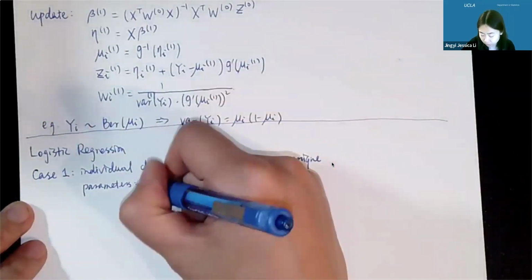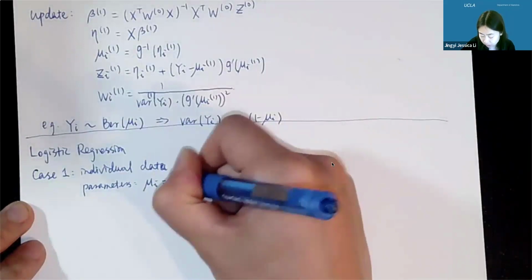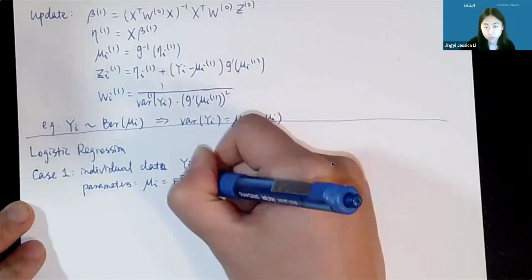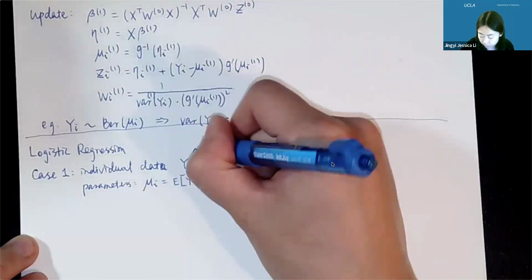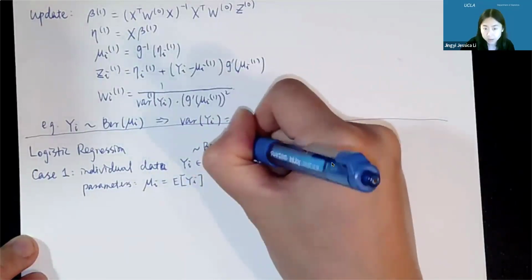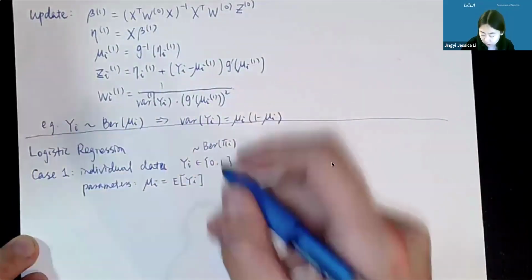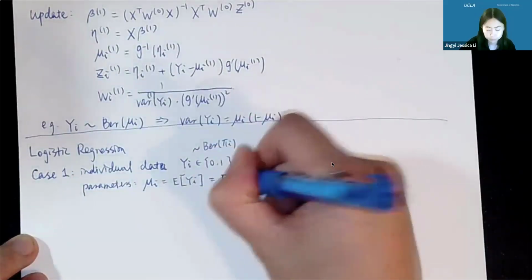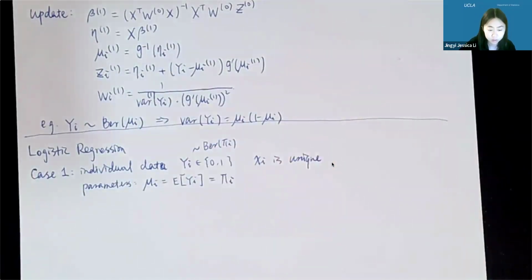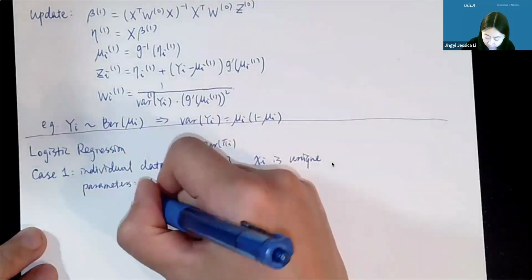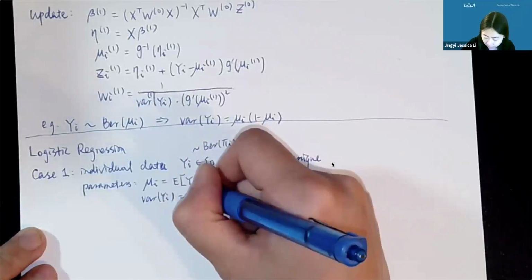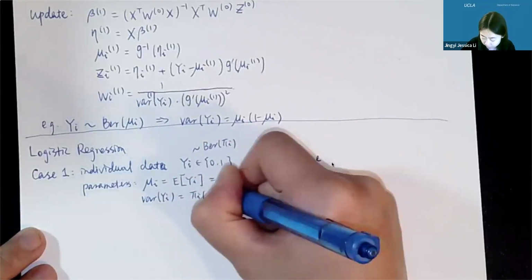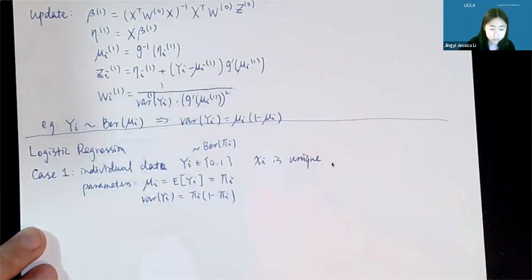So basically, mu i is equal to the expectation of yi. Mu i is the general notation. But if we assume the random structure to be Bernoulli with probability pi i, then mu i is also pi i. Pi is more common, between 0 and 1. And then the variance of yi is just pi i times 1 minus pi i. We already introduced it here.